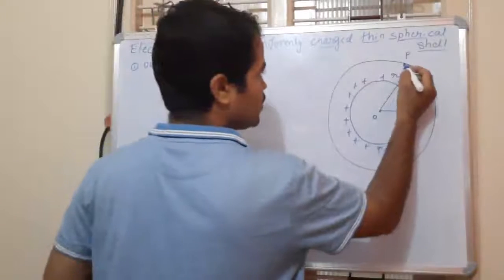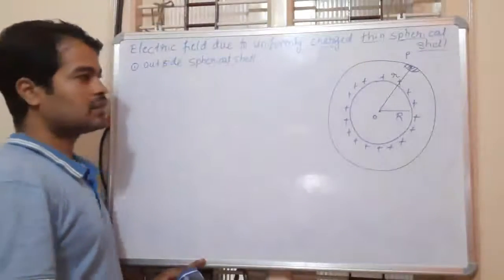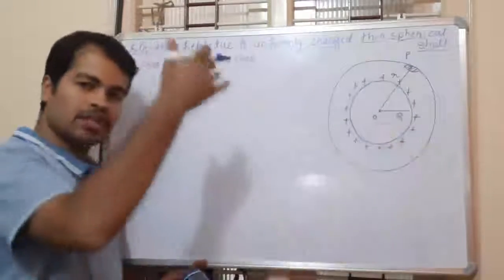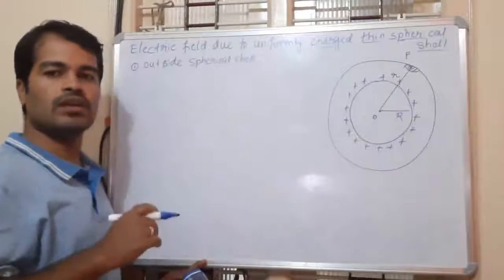Now consider a small area. Again, we need to find the flux. Previously we took surfaces 1, 2, 3, but here it is not like that.